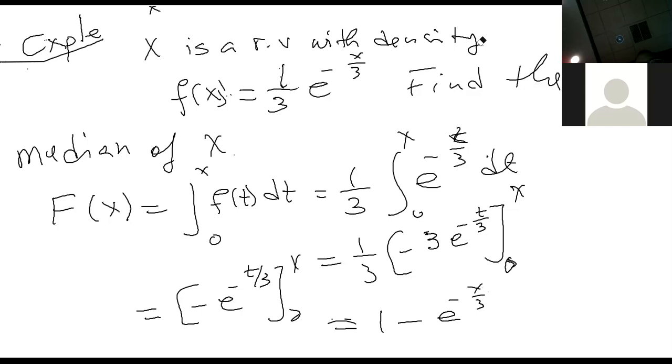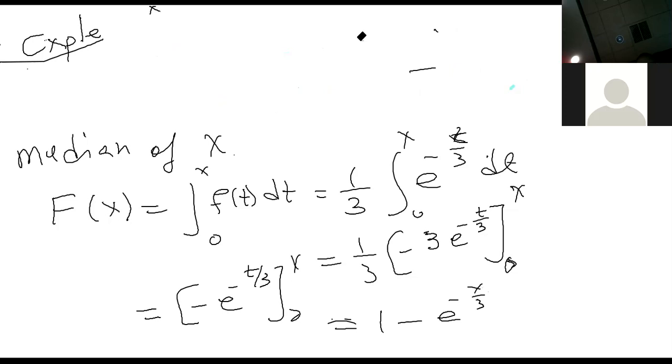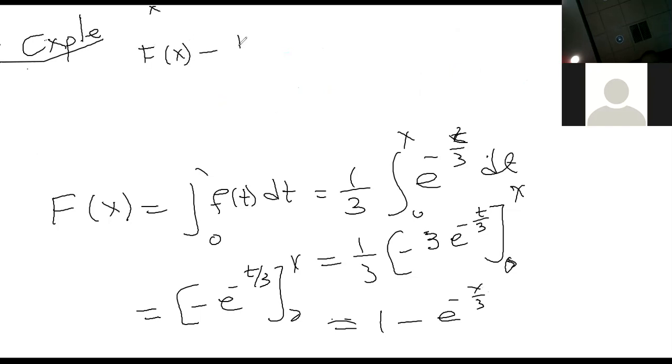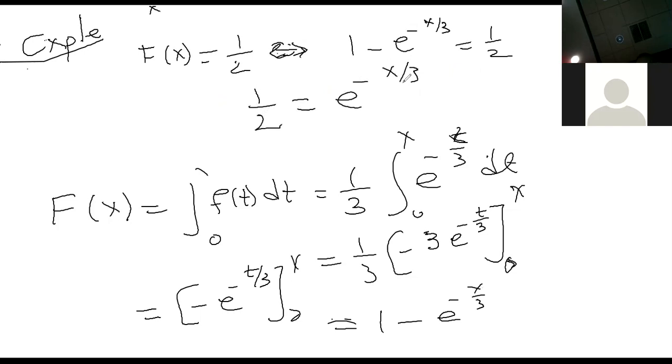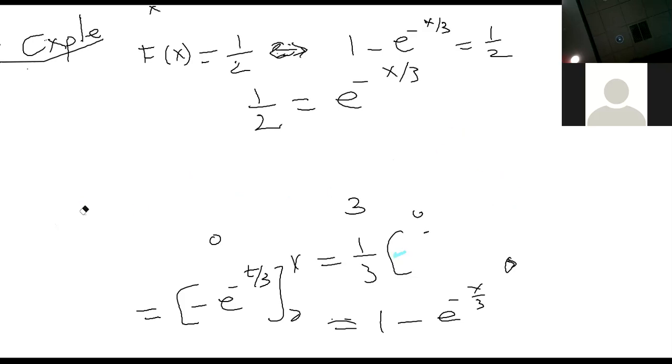So to find the median, we will solve F of x equals half. That implies 1 minus e to the minus x/3 is equal to half. That is, half is equal to e to the minus x/3. This equation is an algebraic equation that you can solve.